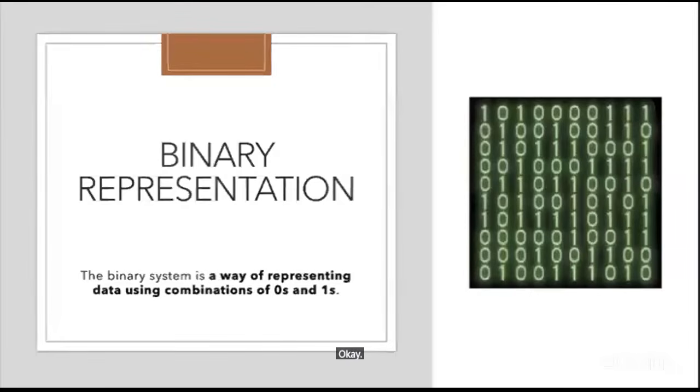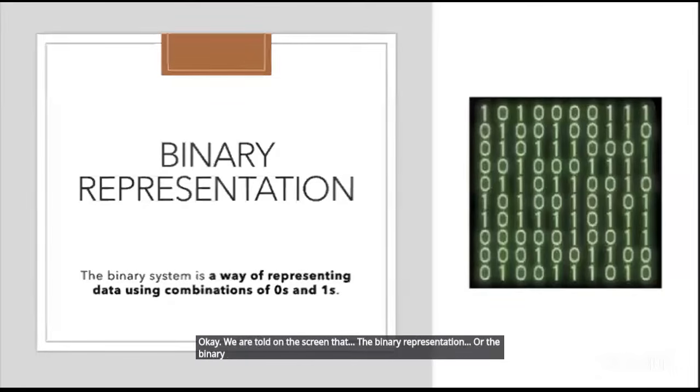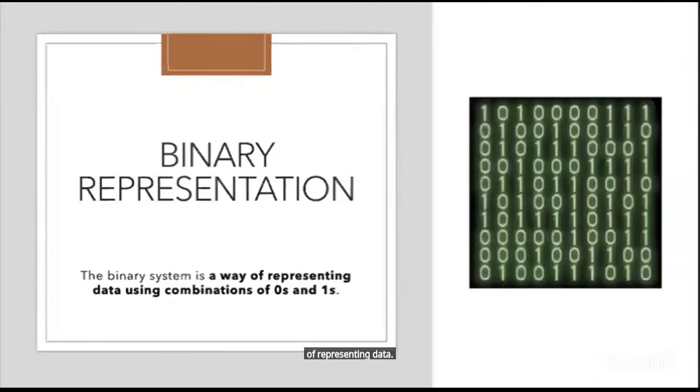We are told on the screen that the binary representation, or the binary system, is a way of representing data using combinations of zeros and ones. When I say data, it's not something in the cloud or something in heaven that's abstract.